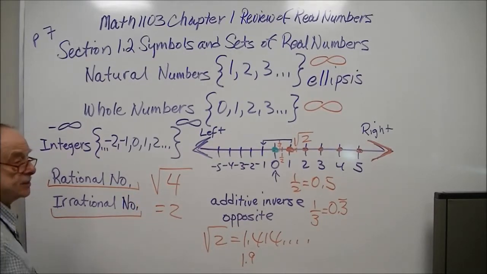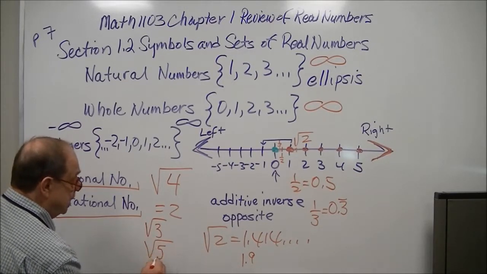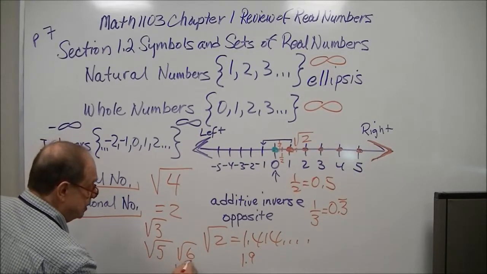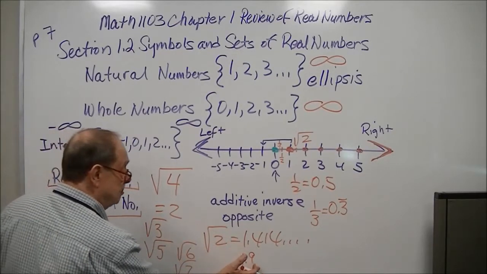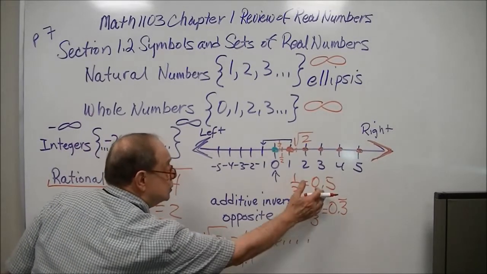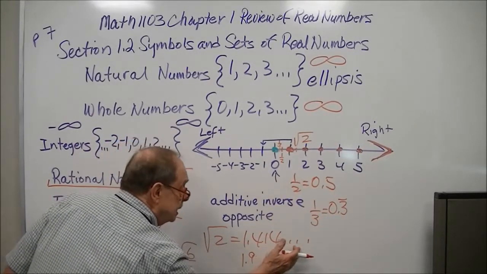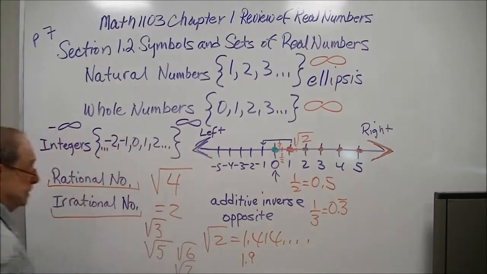But all the numbers that are not perfect squares, like the square root of 3, the square root of 5, square root of 6, square root of 7, are irrational. Why? Because when you convert them to their decimal form, it doesn't terminate or repeat. Here it terminates, here it repeats, here it doesn't.